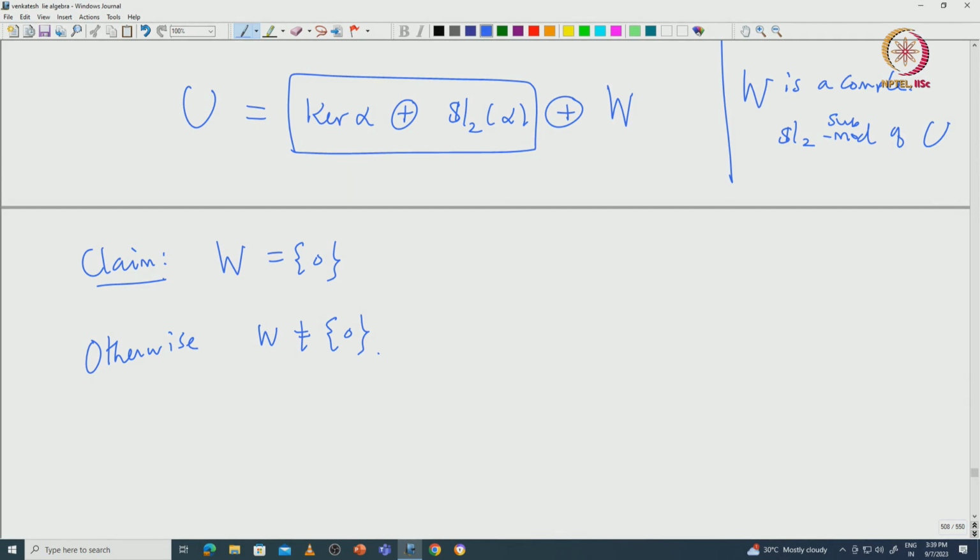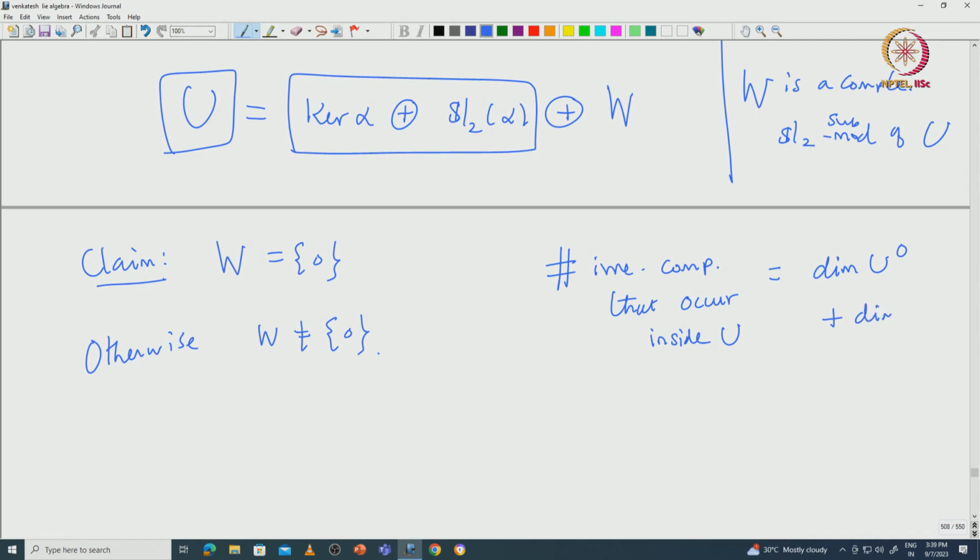Okay. So, note that if we write this U as a direct sum of irreducible components, then the number of irreducible components that occur inside this capital U will be equal to exactly the dimension of U naught plus the dimension of U 1, where U naught is the 0th eigenspace of H alpha and U 1 is the 1st eigenspace of H alpha.